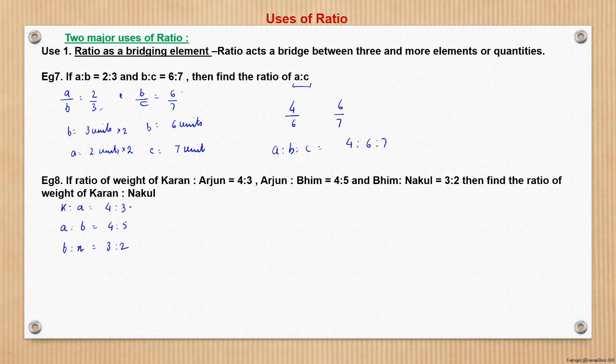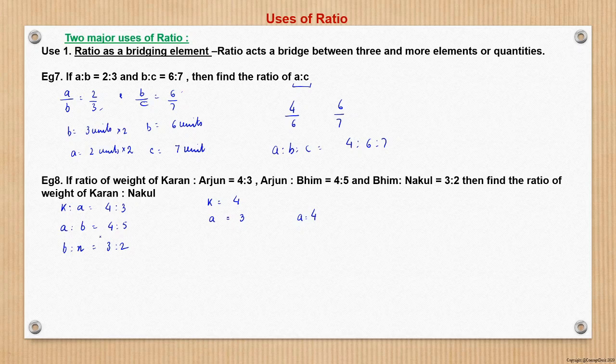So from here I can say that, from this equation I can say that Karan is 4 units. So Arjun is, from first, Arjun is 3 units. From second, Arjun is 4 units, right?